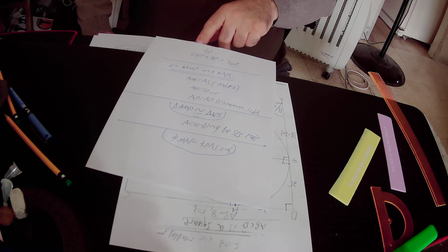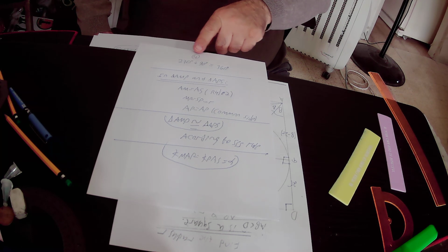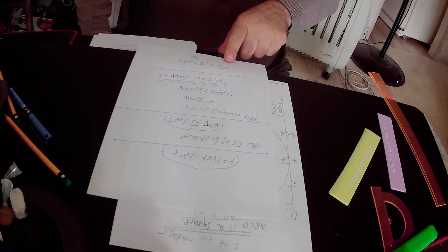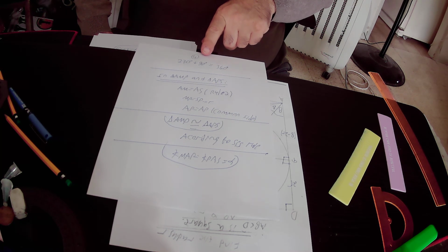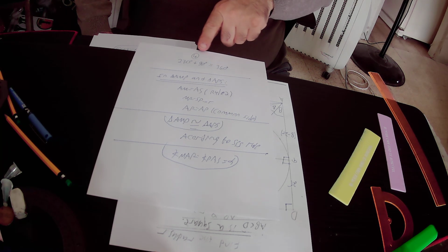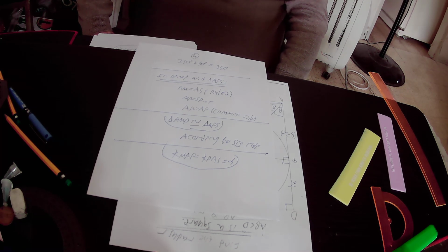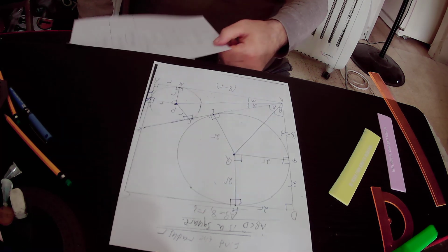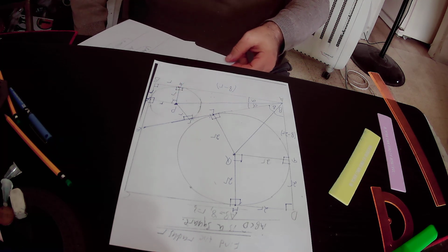Again, the sum of the three right angles plus the size of the fourth angle must be equal to 360 degrees. So the size of the fourth angle must be equal to 90 degrees in order to get equality. Okay, so we found out that this angle also equals 90 degrees.